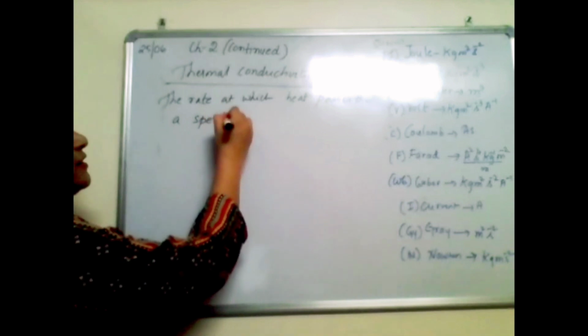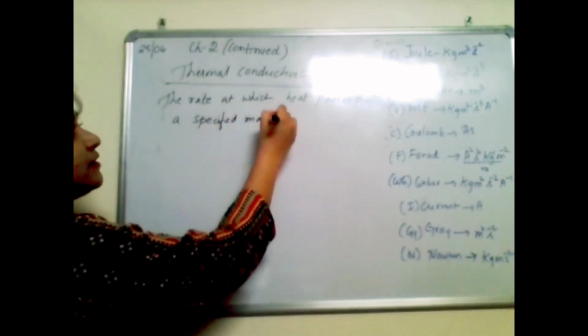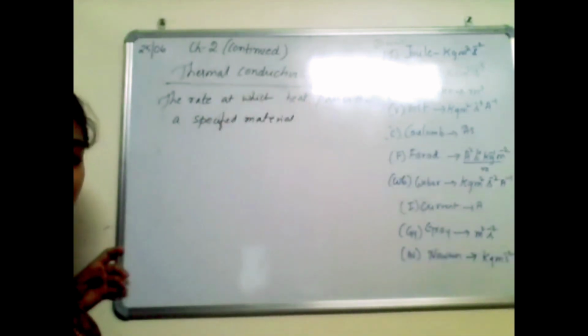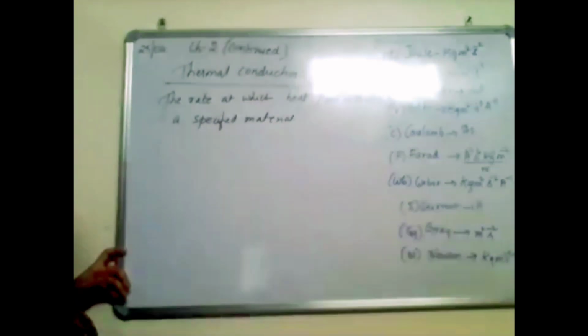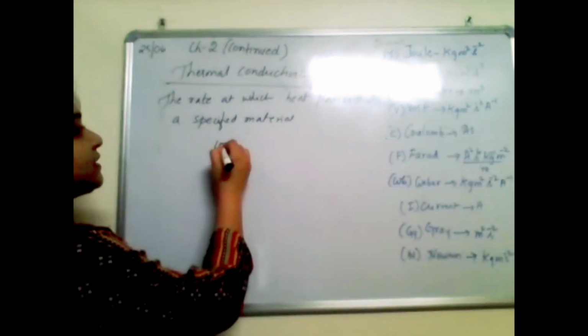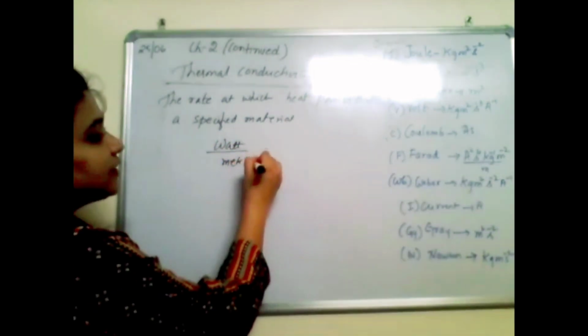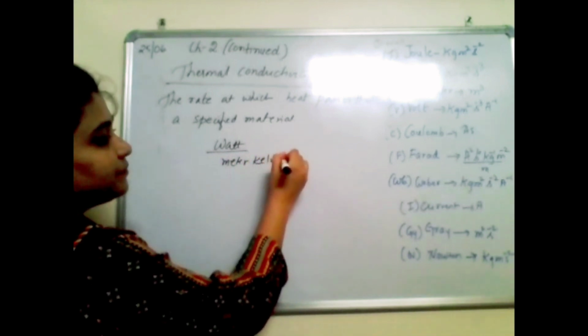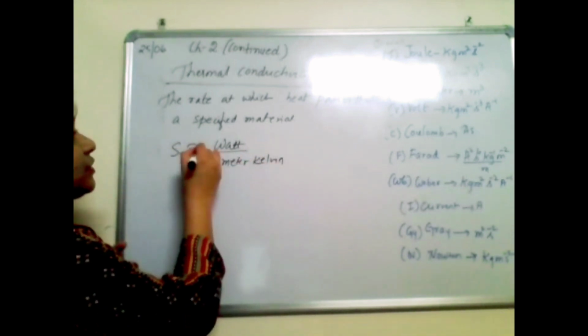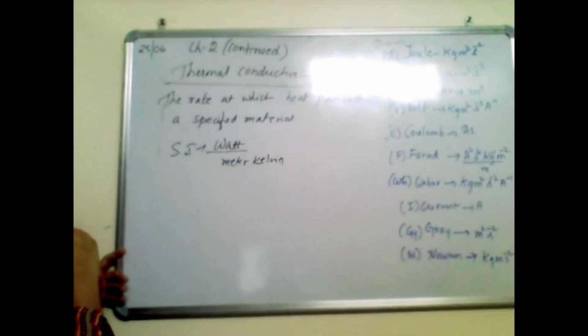It is expressed as watt per meter Kelvin. This is the SI unit. Watt per meter Kelvin.